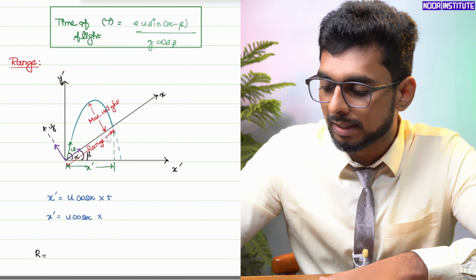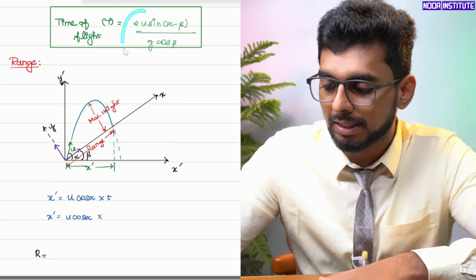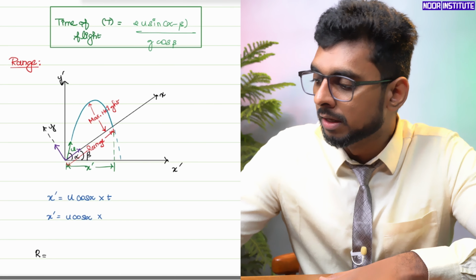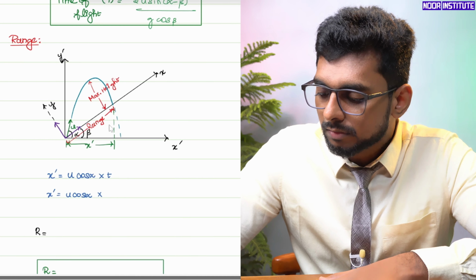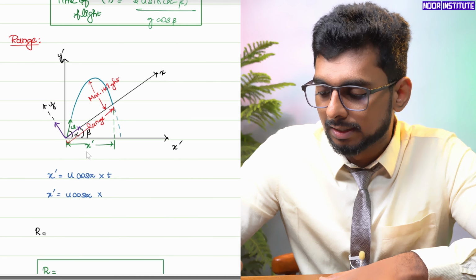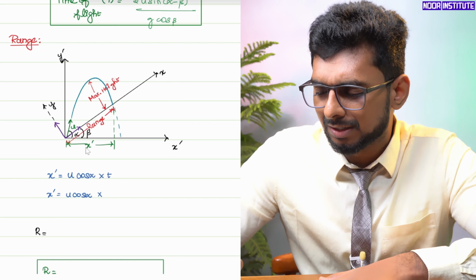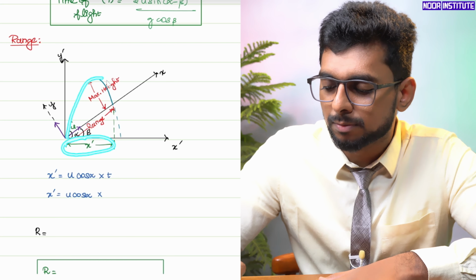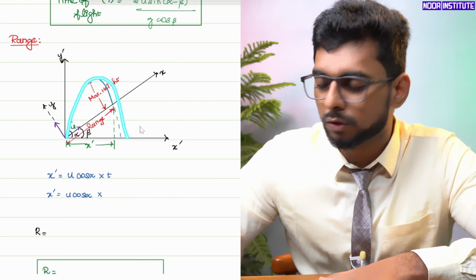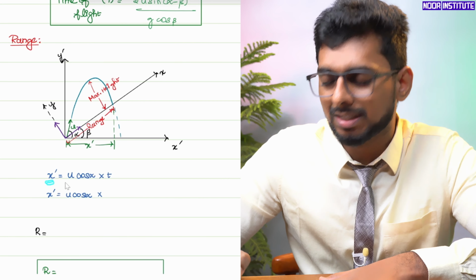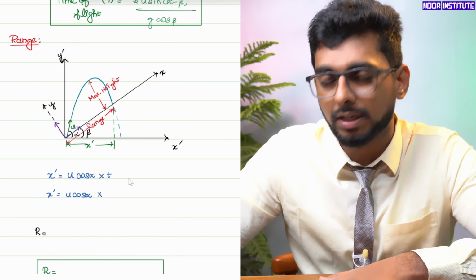So here to get the range, I just need to know the time of flight with respect to the inclined plane, okay? To get that, first let me consider this x dash, and then I'll have to generate an equation for it. To get this x dash, I'll just consider this projectile to be the normal one with respect to the horizontal itself, right? For that equation, x dash is obviously equal to u cosine alpha into t.